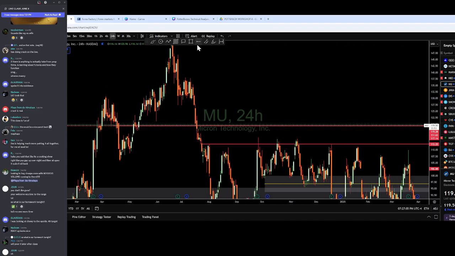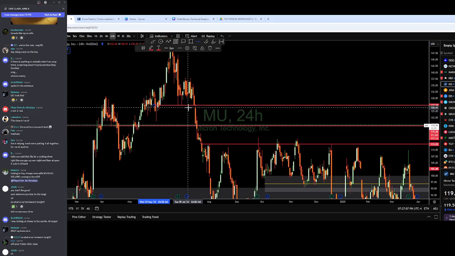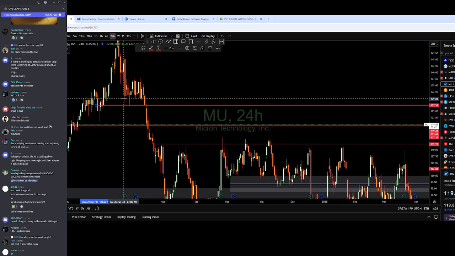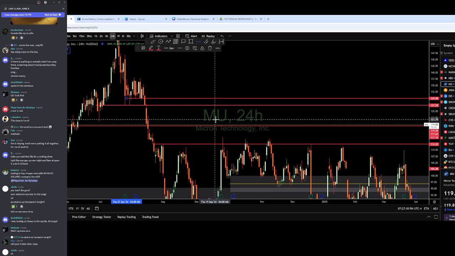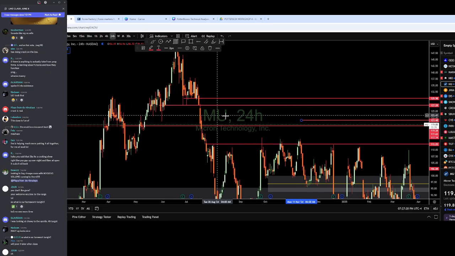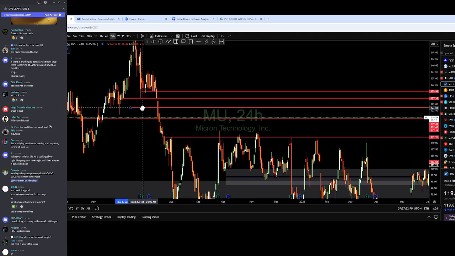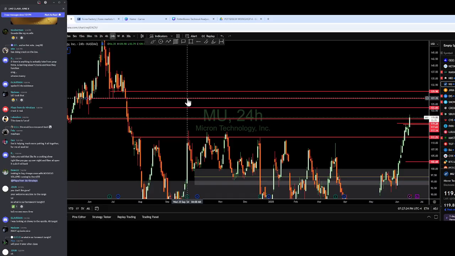So right here, this would be a target. Two major big fat green wicks, but ultimately that first green candle here would be the target, right? So the way that I typically do this is when I have a target like this, I trim here and I let runners go there. And I'll explain why.